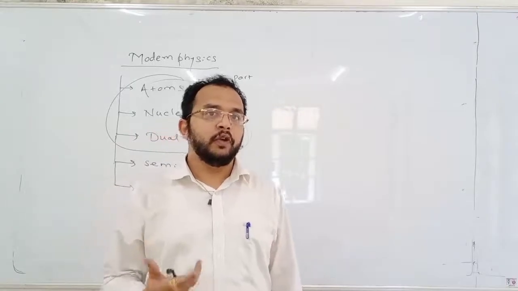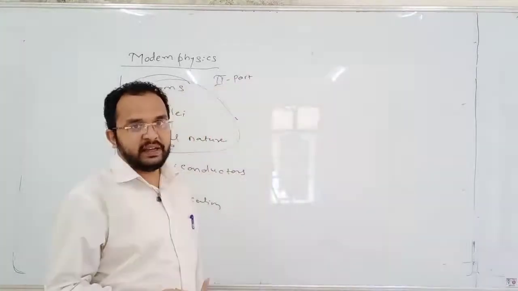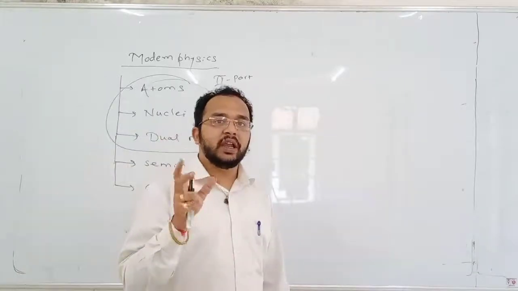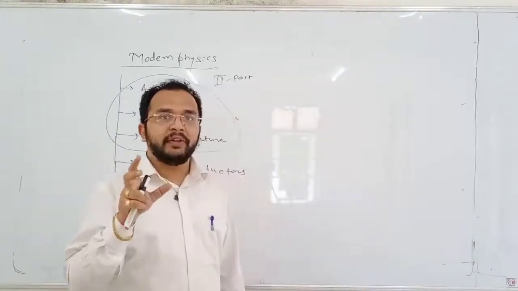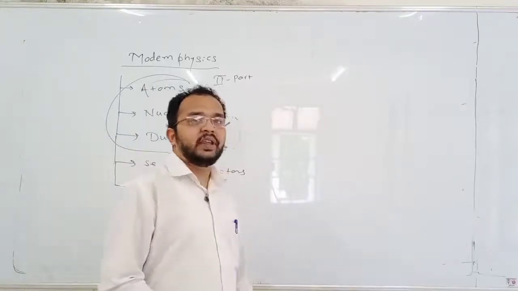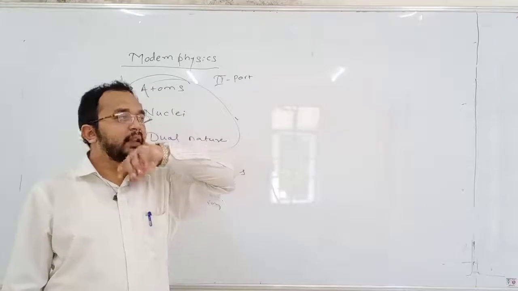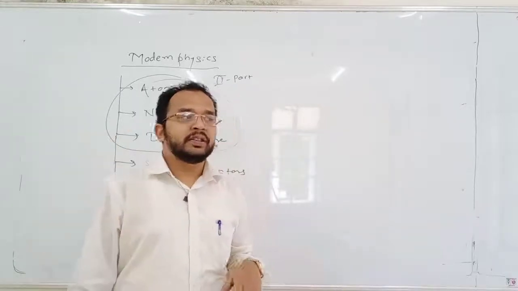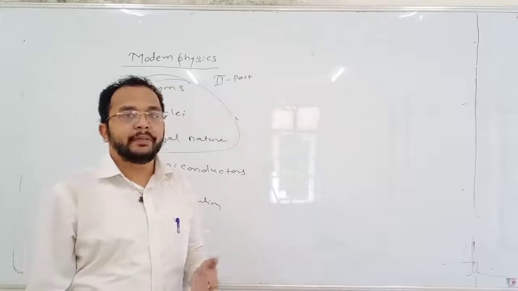So photon means light, like photosynthesis. Photon means a particle, or a bunch or packet of light particles. Some scientists think light is a waveform, or some scientists think light has a particle nature.